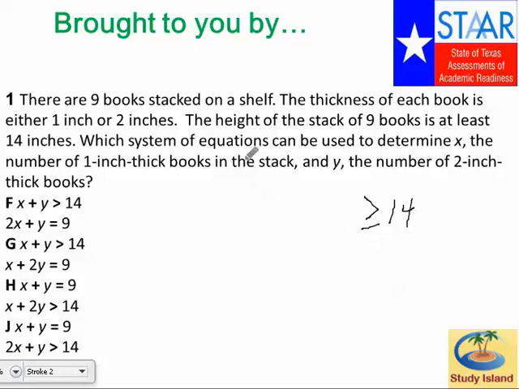Which system of equations determines X, the number of books that are 1 inch thick in the stack, and Y, the number of 2 inch thick books? So what you've got is X plus 2Y has to be greater than or equal to 14, and X plus Y, there are 9 books, so it's going to be equal to 9.